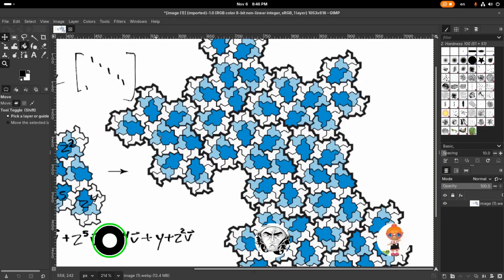Is there any reason why we can't just solve this as a system of two equations?